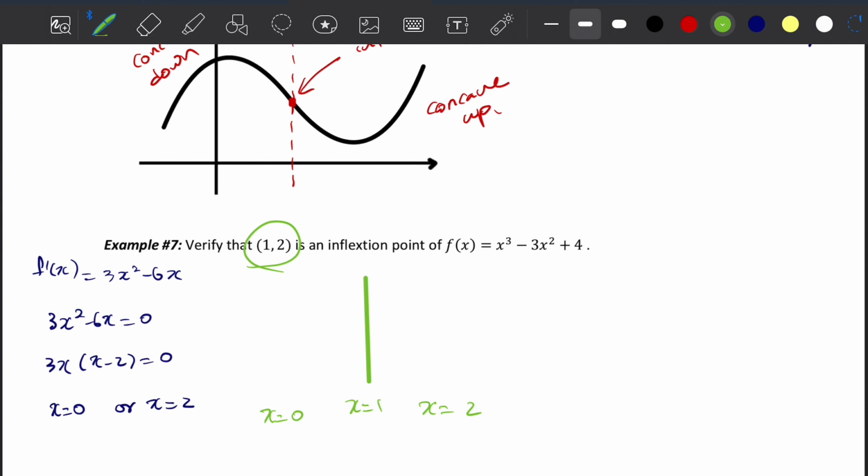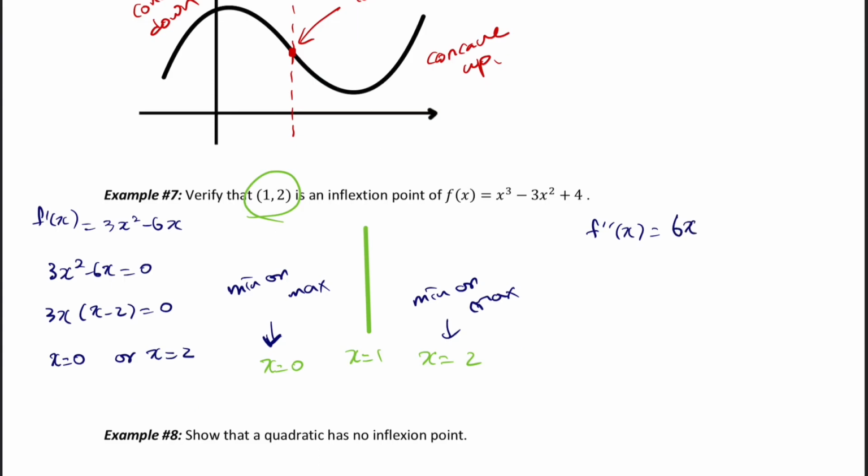What we need to do from here is figure out whether x equals 0 is a minimum or maximum point, and whether x equals 2 is a minimum or maximum point, to see whether there is a concavity change. To figure that out, we need to find the second derivative of the function f of x, right? 6x minus 6 is our second derivative.